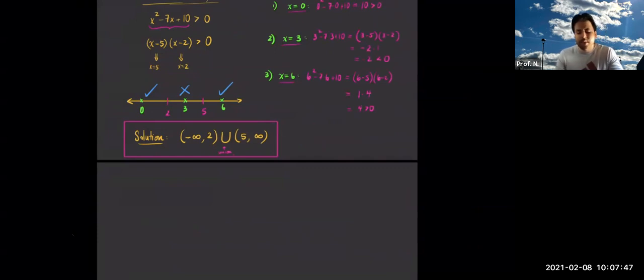So the intersection, when you talk about intervals, is the overlapping interval. But as you can tell, this interval here and this interval here have nothing in common. So we're not even saying what's the common overlapping region. We're just talking about what are the two regions that represent the solution. So we don't have to worry about that for now.